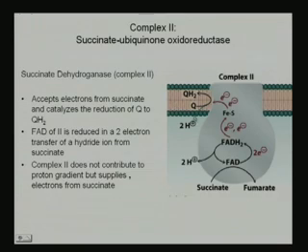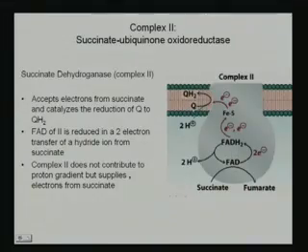But in this case, only the transfer of electrons is taking place, and here also the ultimate acceptor of electrons is ubiquinone and it is converted to ubiquinol. So, QH2, ubiquinol, is the ultimate acceptor of electrons.